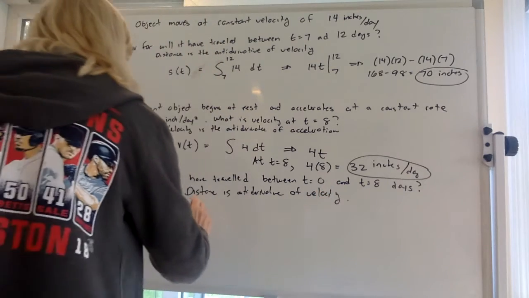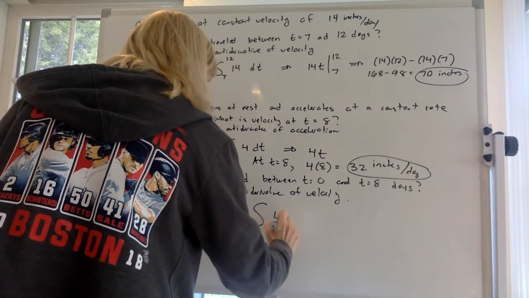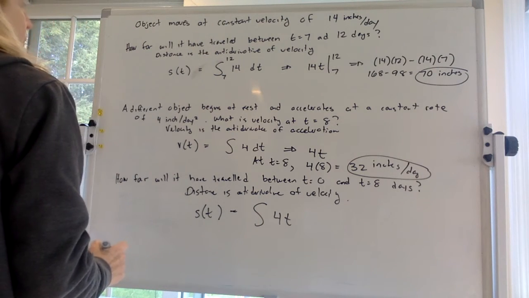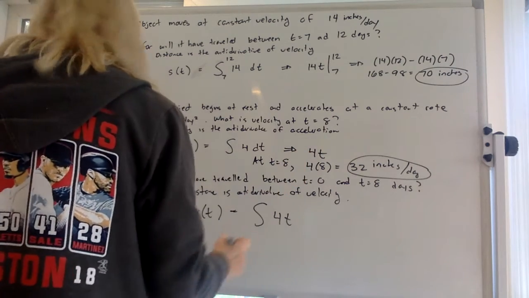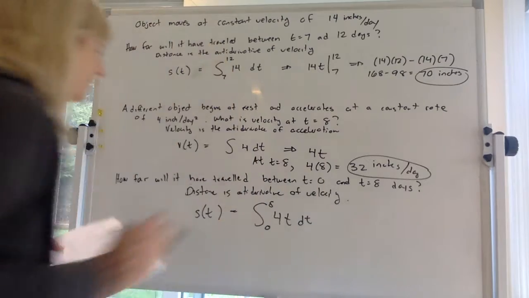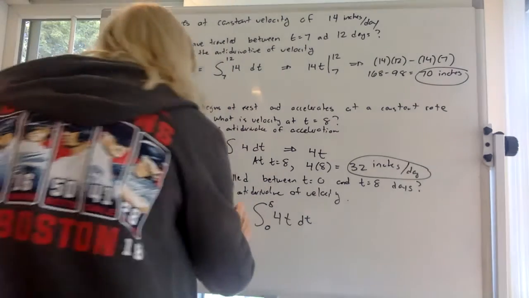So we just have to take the velocity function that we figured out, which was 4t, and we have to go between 0 and 8. Okay? So, that's an equals.